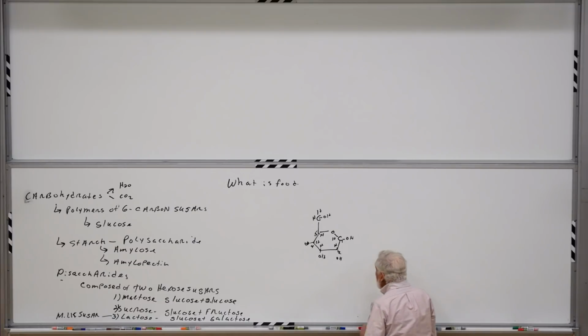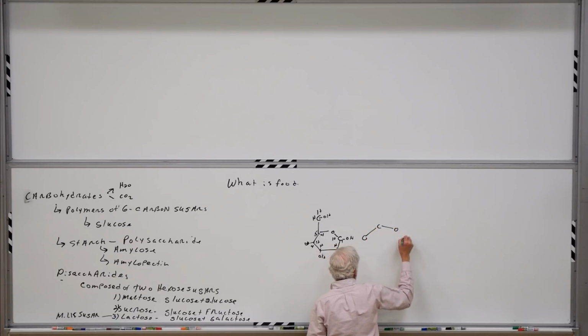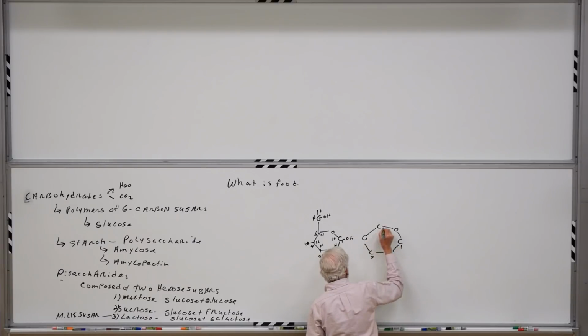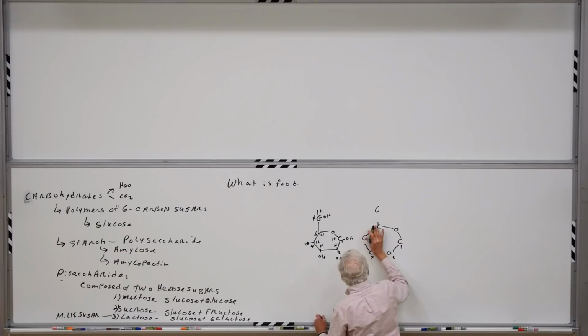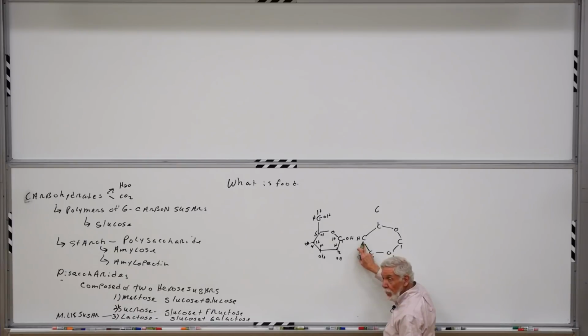Now, the beauty of this molecule is that when we look at this ring structure, 1, 2, 3, 4, 5, we can now take this number 1 carbon and line up over here a number 4 carbon. This is always hard for me. So 1, 2, 3, 4, 5, and 6. Now, what I'll emphasize here is there's this hydrogen out here on this carbon.